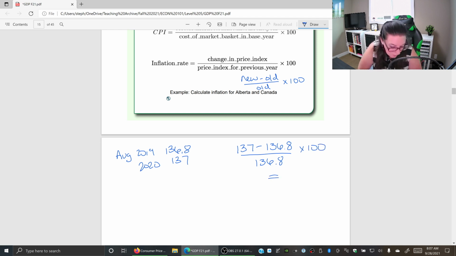We'll put that into our calculator, and what we end up with is 0.0015. We multiply that times 100, and we end up with 0.15%. So from August 2019 to August 2020, there was very little inflation.